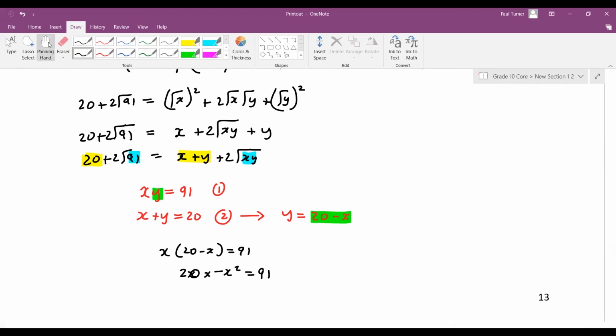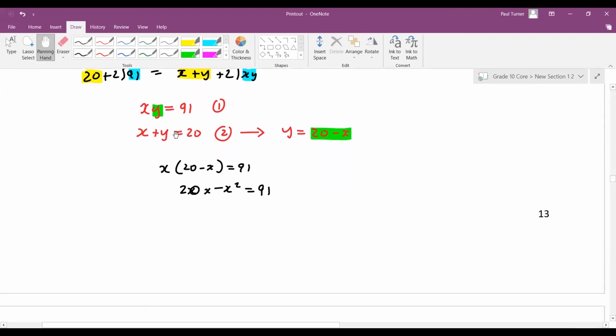So let's make it look a bit nicer. Then I'm going to get x squared minus 20x plus 91 equals 0. And when you factorize that, you'll get x minus 7, x minus 13 equals 0. So x could be 7 or 13.